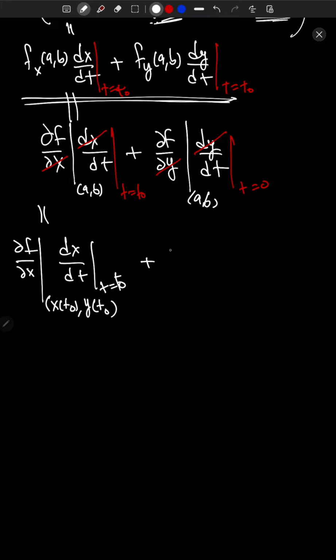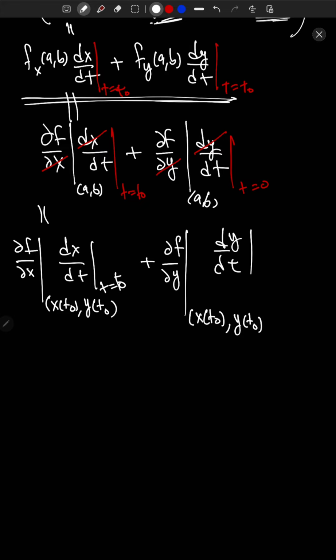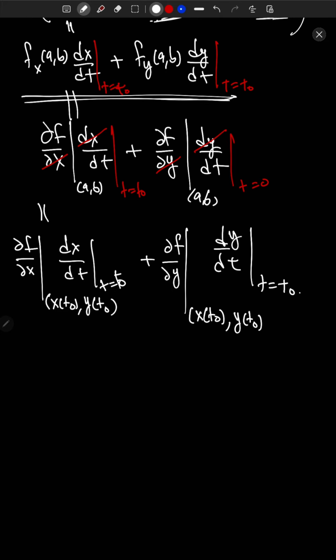So that if you're interested in a particular t naught, you don't have to actually pass to (a,b) necessarily, especially if you're doing things theoretically, and you only want to think about the t's. All right, so that's the chain rule for doing a composition where you're starting out with t, you're going to the plane, and then from the plane you're applying the function f and giving you a number.